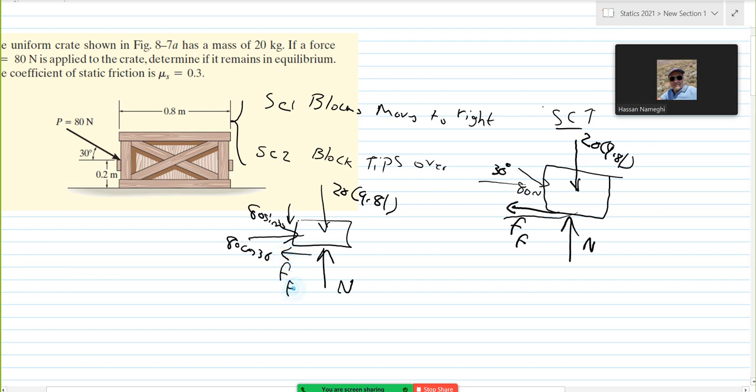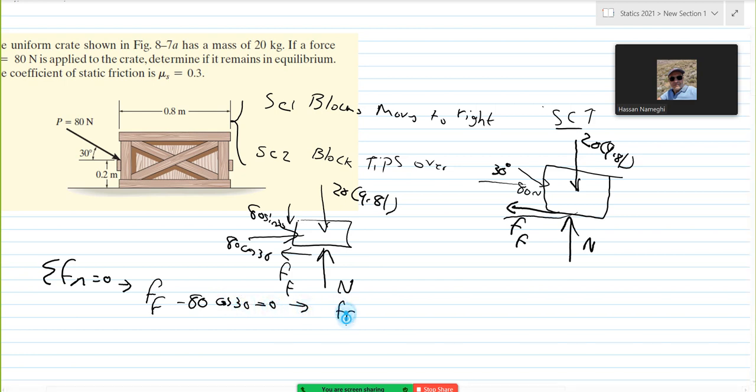F of F. So if I write sum of F of x equal to 0, I'm going to get F of F minus 80 cosine 30 equal to 0.